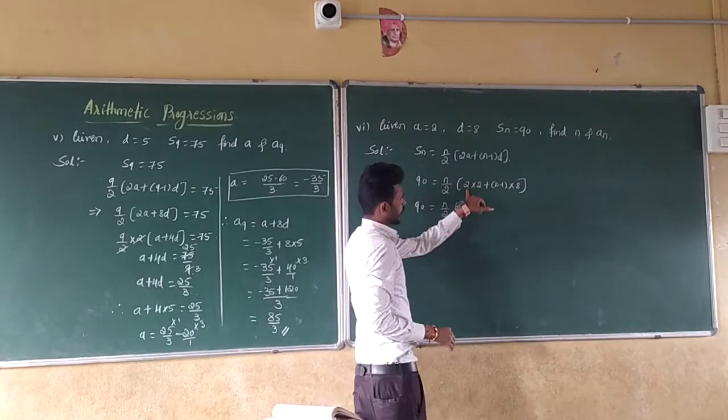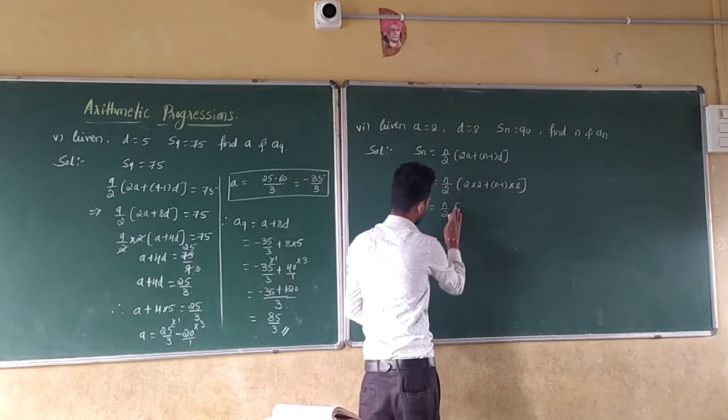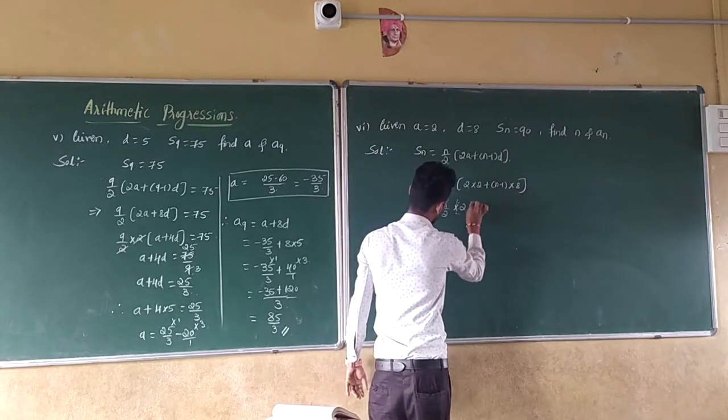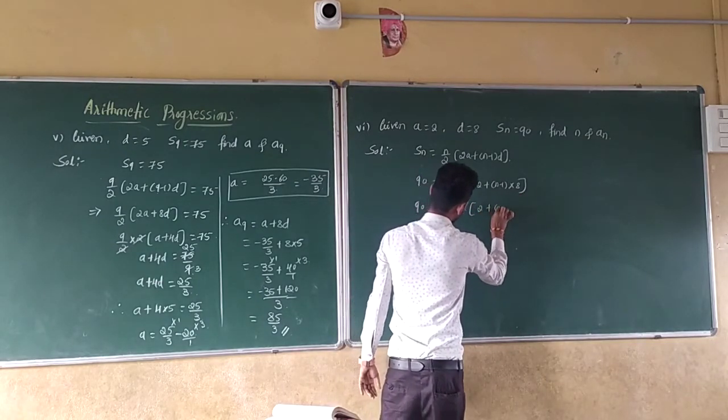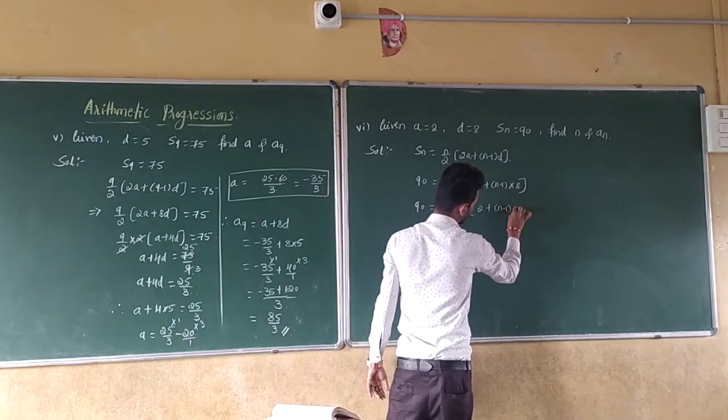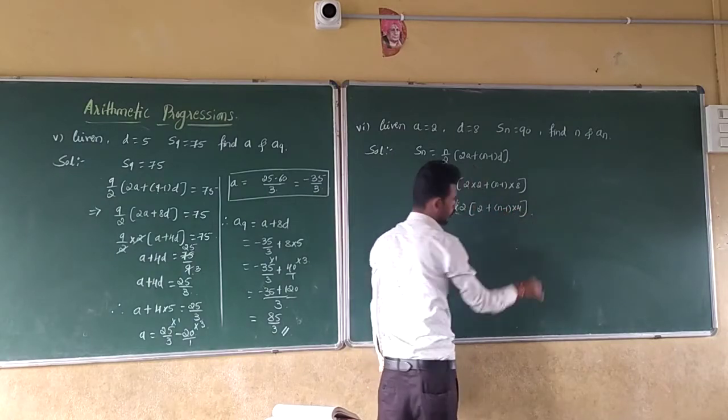So directly you can take 2 common here. If you take 2 common, what will remain? 2 plus n minus 1 into 4.